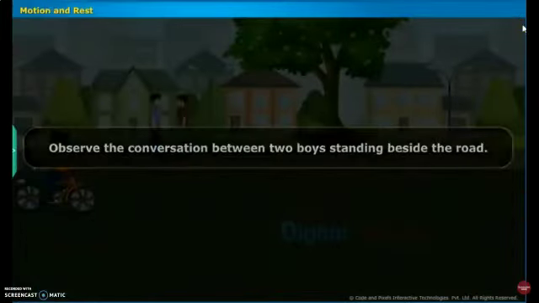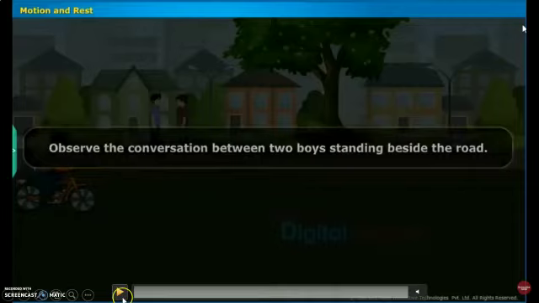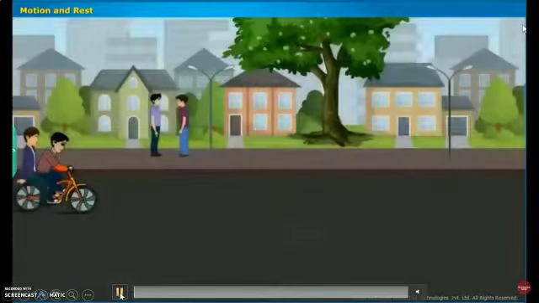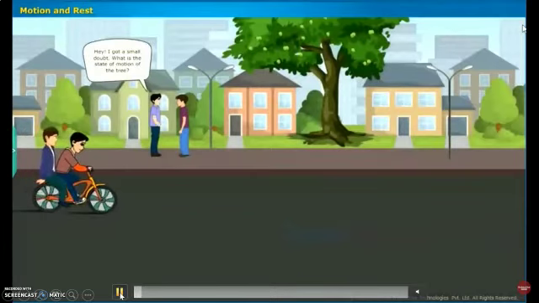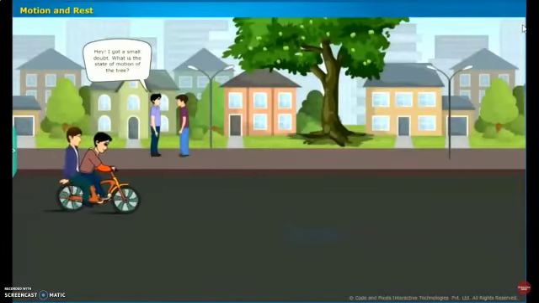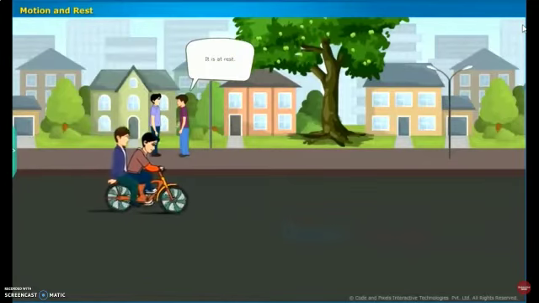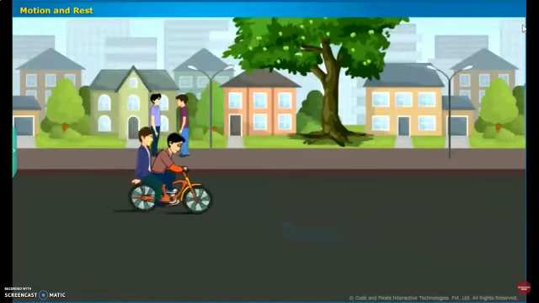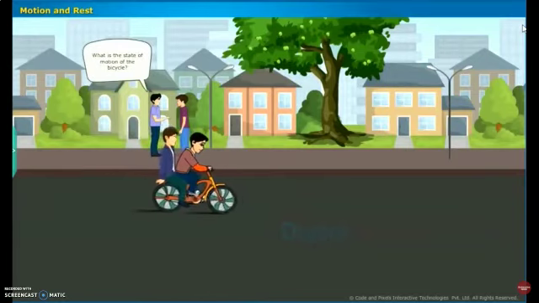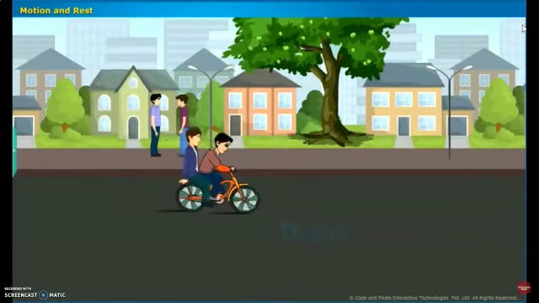Observe the conversation between two boys standing beside the road. Hey, I have a small doubt. What is the state of motion of the tree? It is at rest. What is the state of motion of the bicycle?